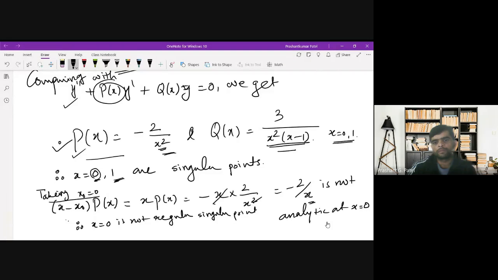Okay. Now next, we have to check for x0 equal to 1. According to that, it is x minus x0 into p of x, which is x minus 1 into p of x. And p of x is already known to be minus 2 upon x square.